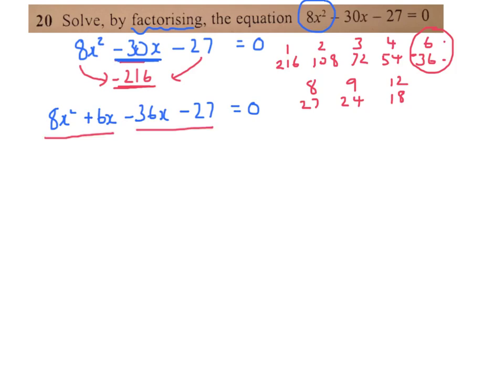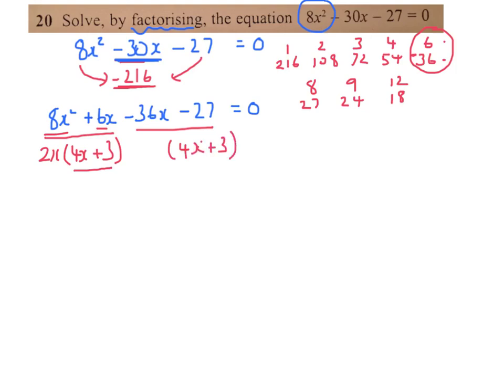So I'm going to factorise the first two terms, and then I'm going to factorise the second two terms. So looking at 8x squared and 6x, I can take out 2x as my common factor. Now 2x times 4x would give us 8x squared, and 2x times positive 3 would give us the 6x. Now it's important that this thing in brackets, 4x plus 3, is a common factor between these two things.